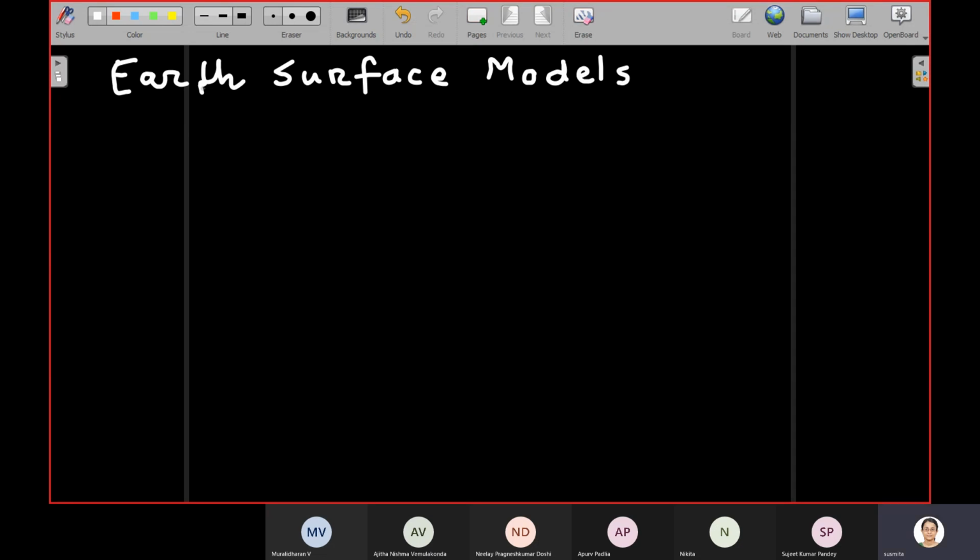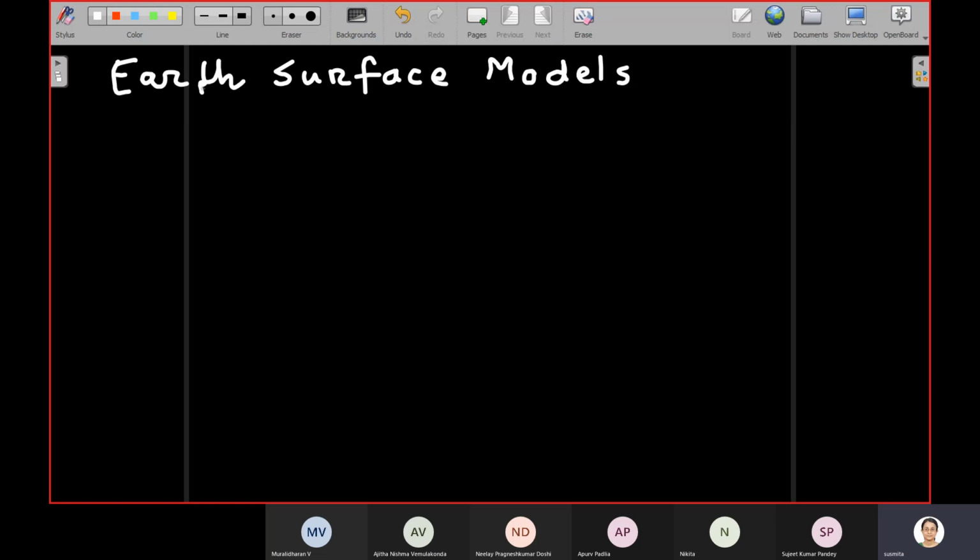For terrestrial navigation, we are interested in finding the position of a body with respect to the Earth's surface. But we also know that the surface of the Earth has irregular shapes, right? The terrain has irregular shapes.